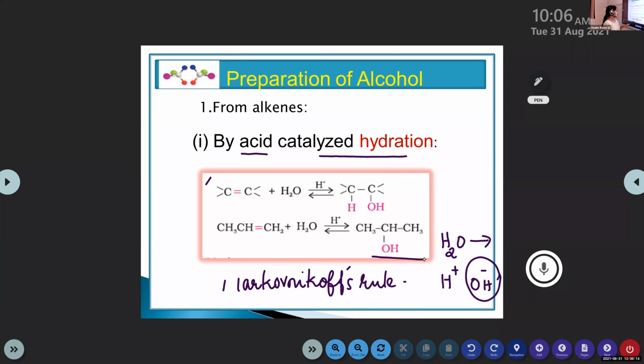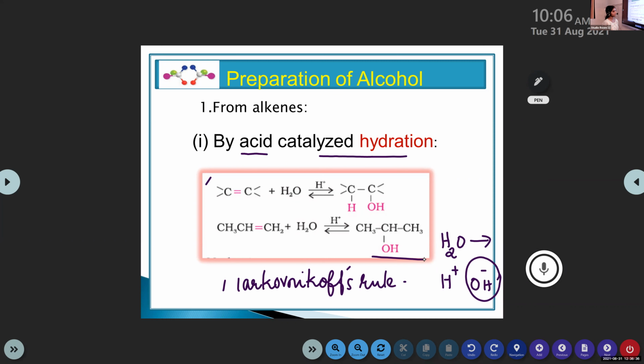So here the reactant is alkene, the water molecule is there, the acid acts as catalyst, and the product is alcohol. Then we move to the mechanism of acid catalyzed hydration. This is clear, children? Shall I move to the next one?